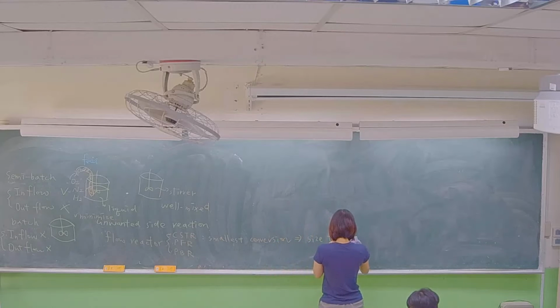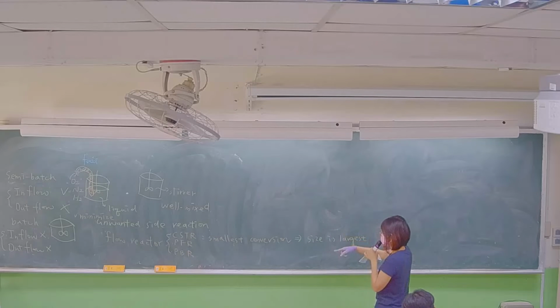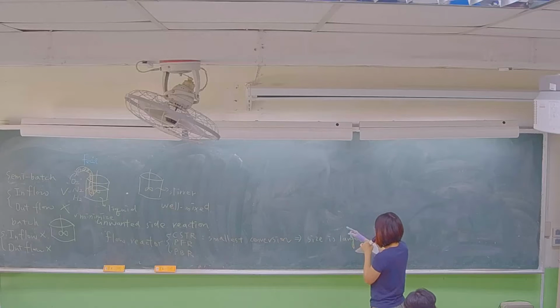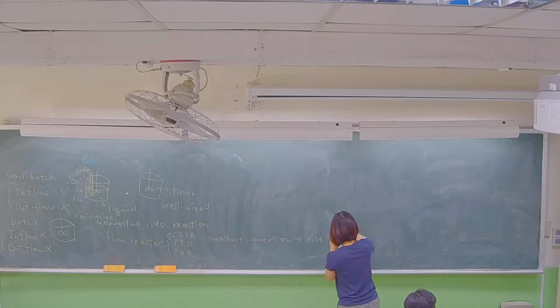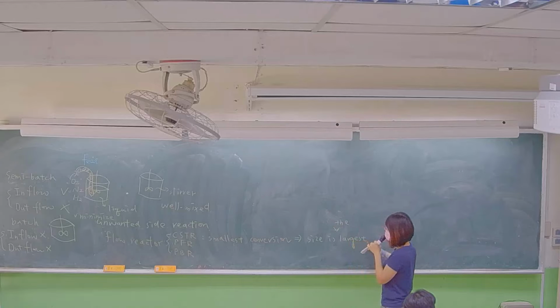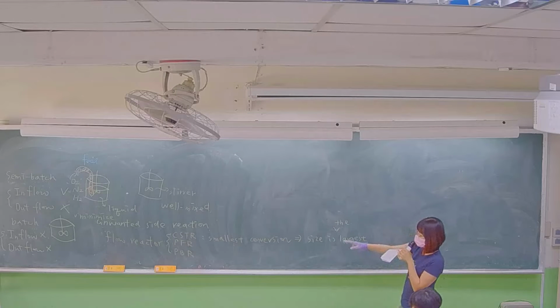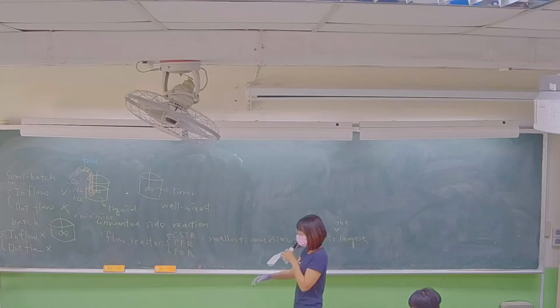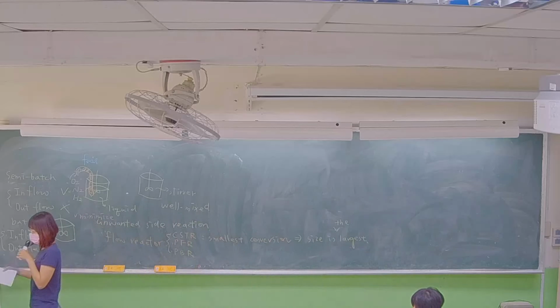You should use a larger tank to realize some conversion. Size is the largest compared to these 3, okay? Among the flow reactors, CSTR, PFR, and PBR, CSTR has the smallest conversion, so it needs the largest size to realize your target.